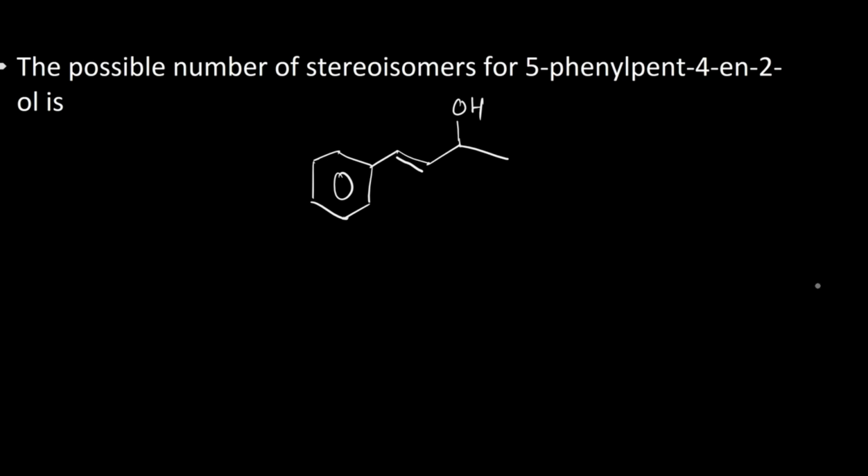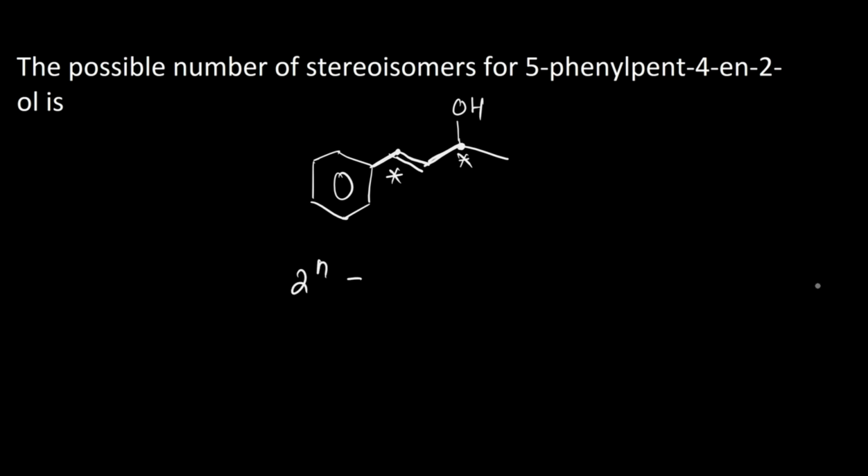Here you can see, how many stereogenic centers are there. This side one group, another side CH3, OH and H. So this is one stereogenic center, and this is phenyl, and this part you can see this is one side and this is on the another side, which makes this one stereogenic center.